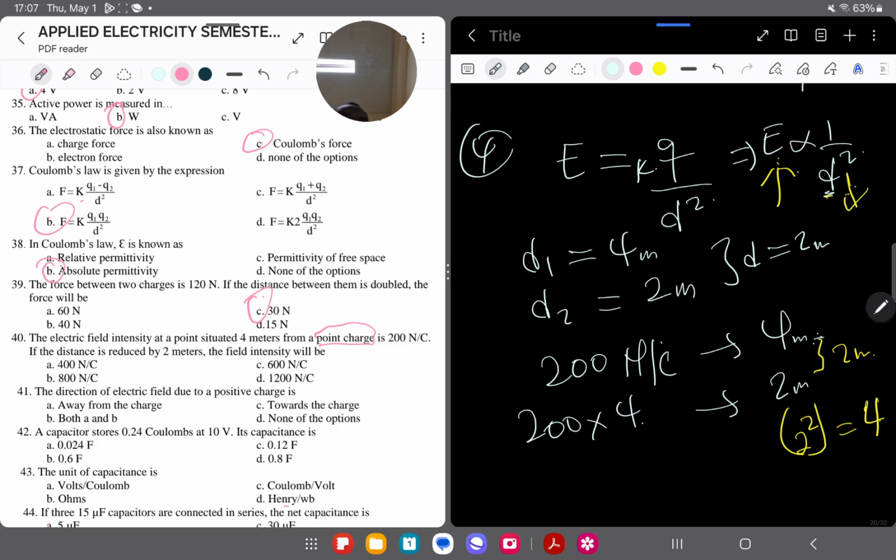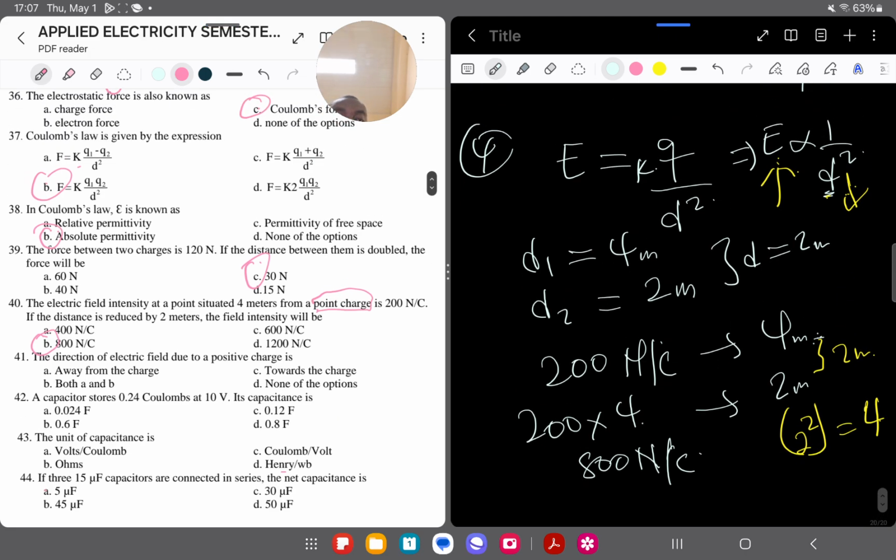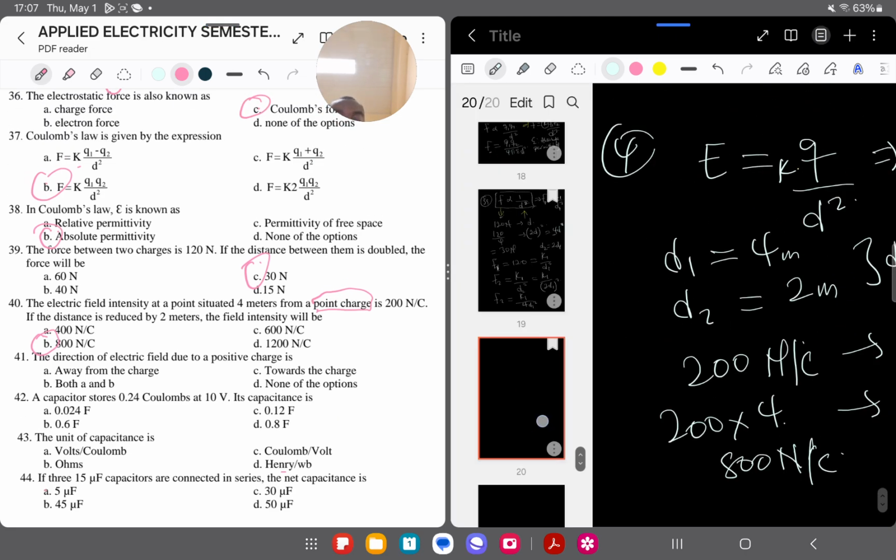That is going to give me 800 newtons per coulomb. So we get the answer to be B.